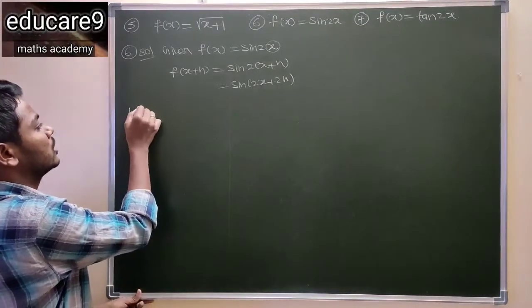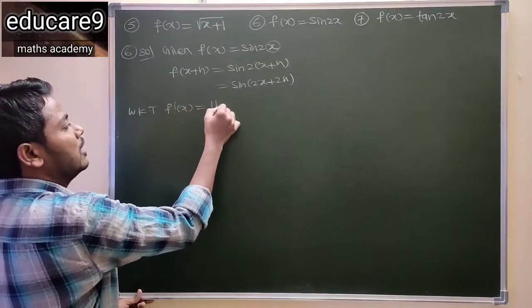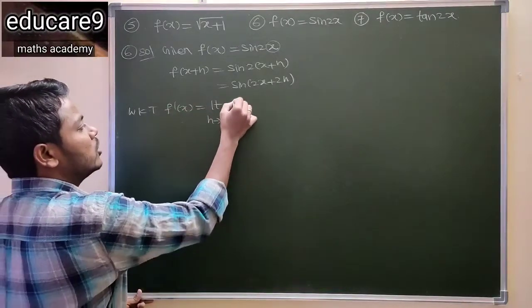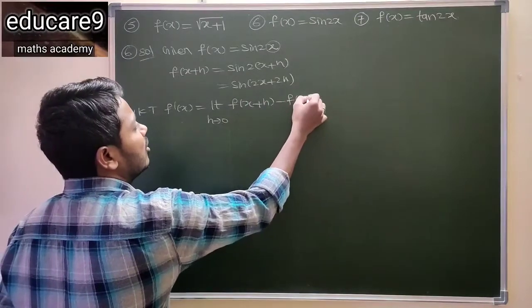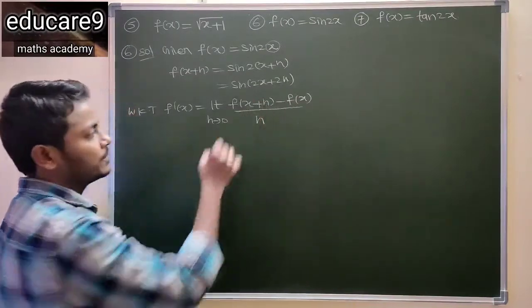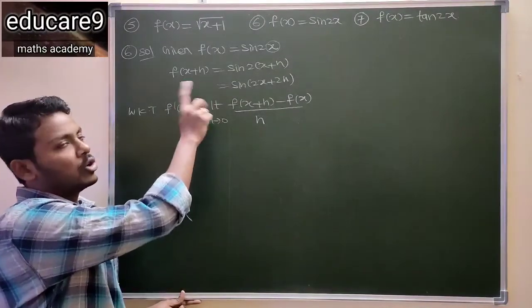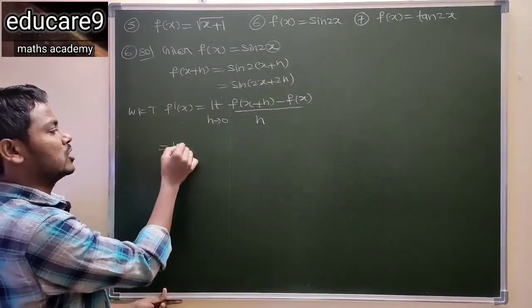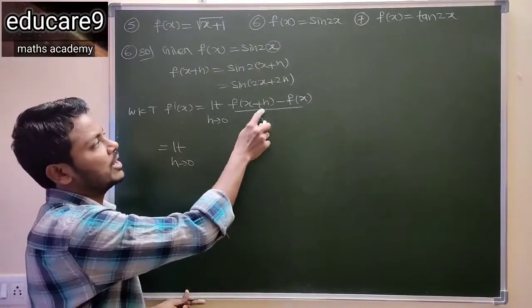Now you know that f dash of x is equals to what? Limit h tends to 0 f of x plus h minus f of x by h. So this is the first principle. Now substitute both values. This is equals to limit h tends to 0. So what is f of x plus h value?